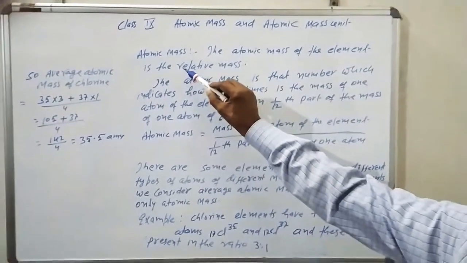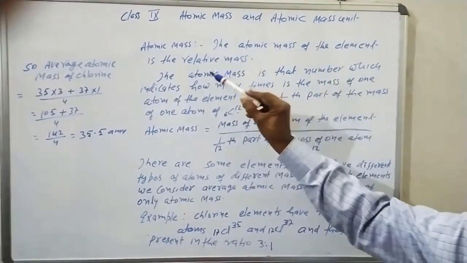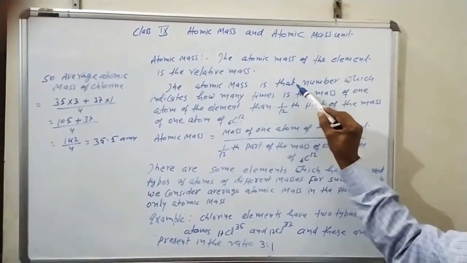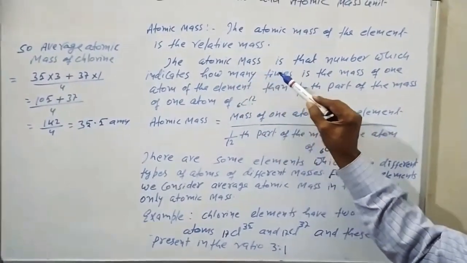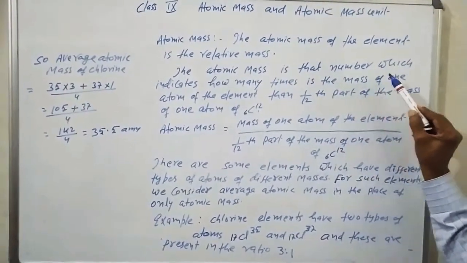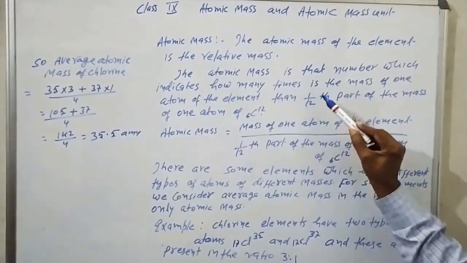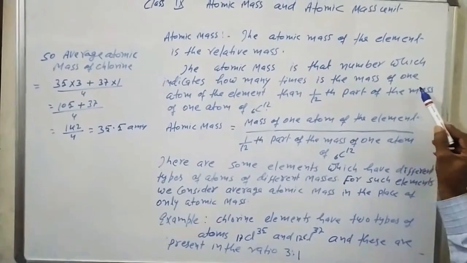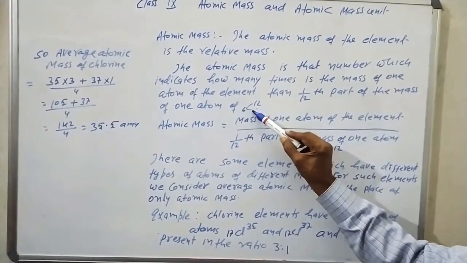is the relative mass. The atomic mass is that number which indicates how many times is the mass of one atom of the element than 1 by 12th part of the mass of one atom of carbon isotope C12.